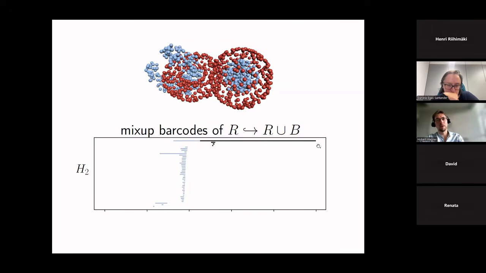black sub-bar actually tells us how much sooner this topological feature dies when we add the blue points. So in other words, since we have blue points inside this void, we only have to thicken the red points much less before it gets filled up and the void disappears.